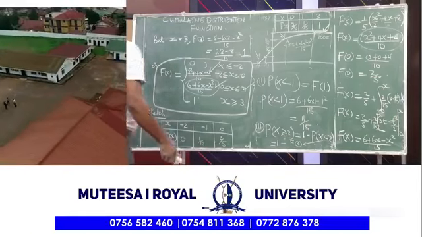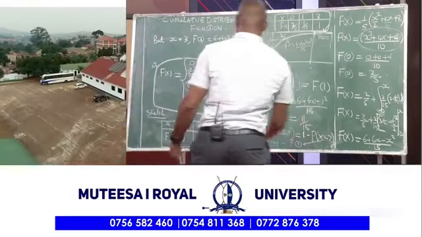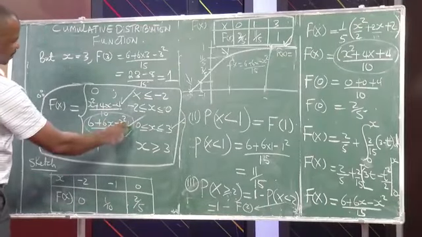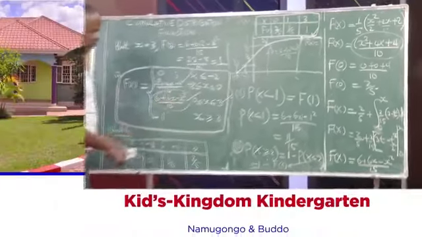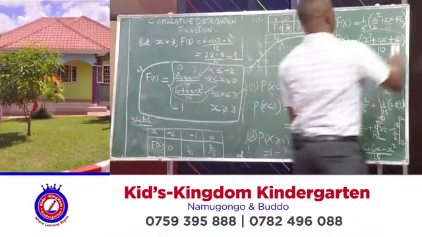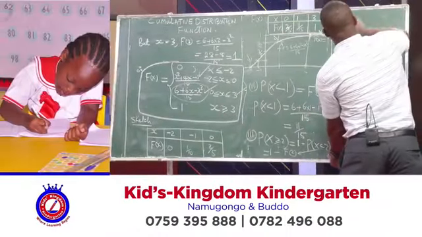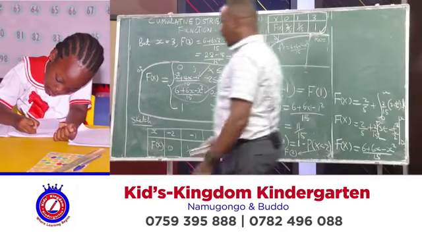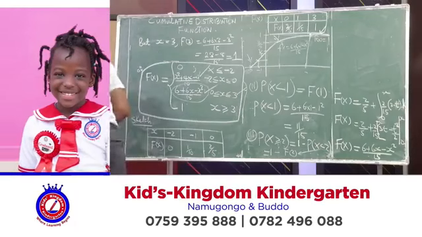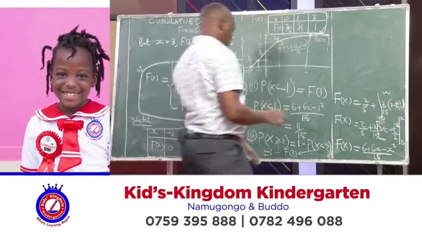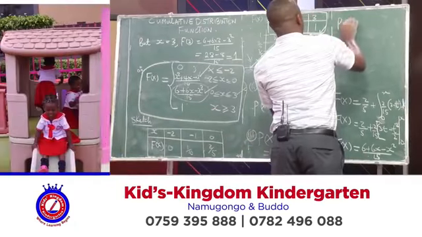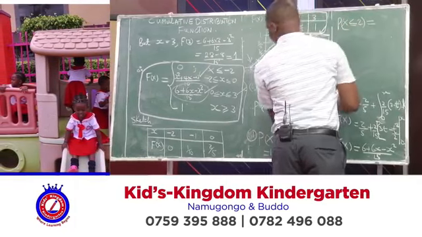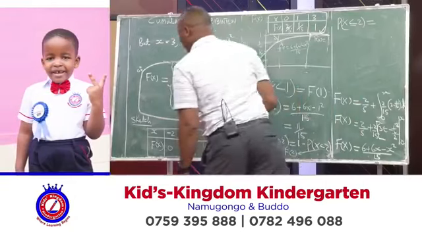Upon substitution, X is less than 2 in this range again. You ignore this one and use that one. And that would definitely give you the final answer as 1 out of 15.